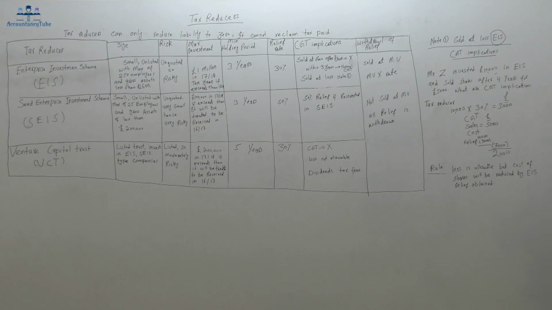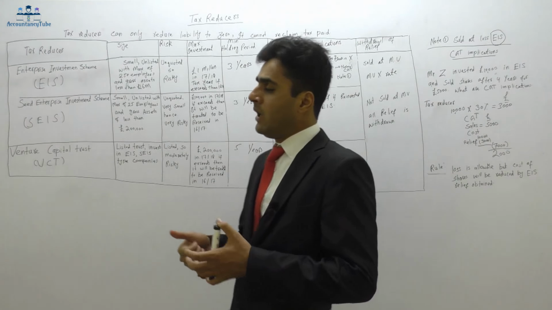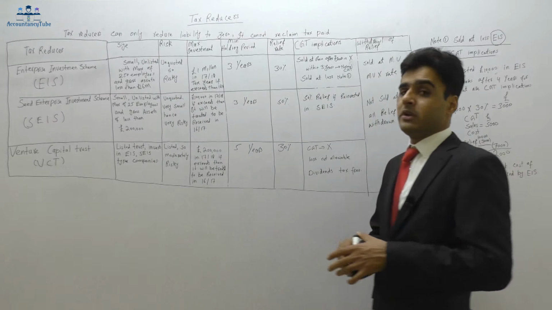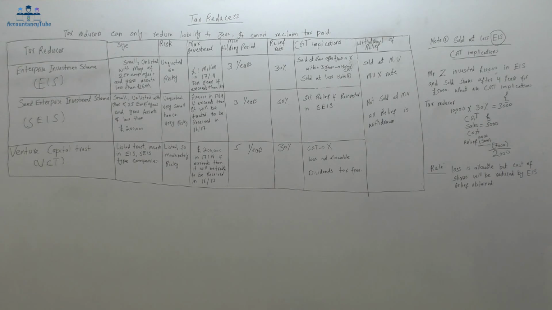If you've held shares in EIS and you have sold them even within the 3 years period or after the 3 years period, but at a loss, then this treatment would apply. You take the sales and the cost, and that cost will be reduced by the relief you originally obtained, which will make the loss whatever amount. In this case, it is £2,000.